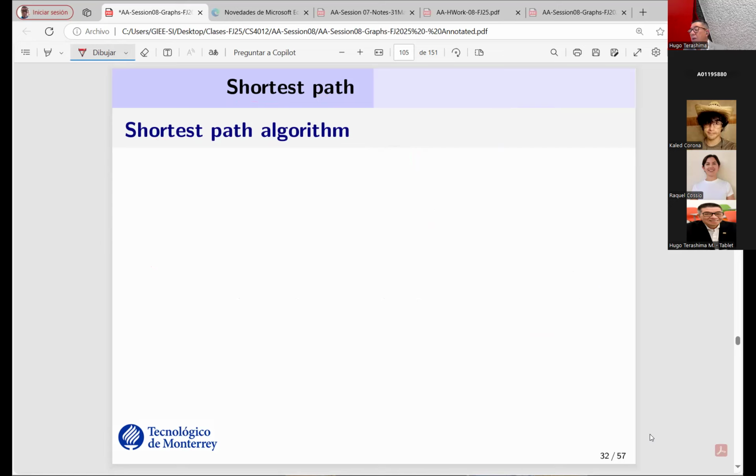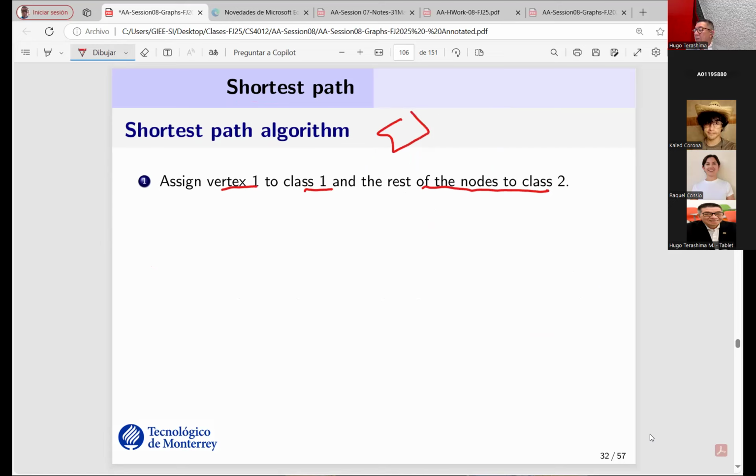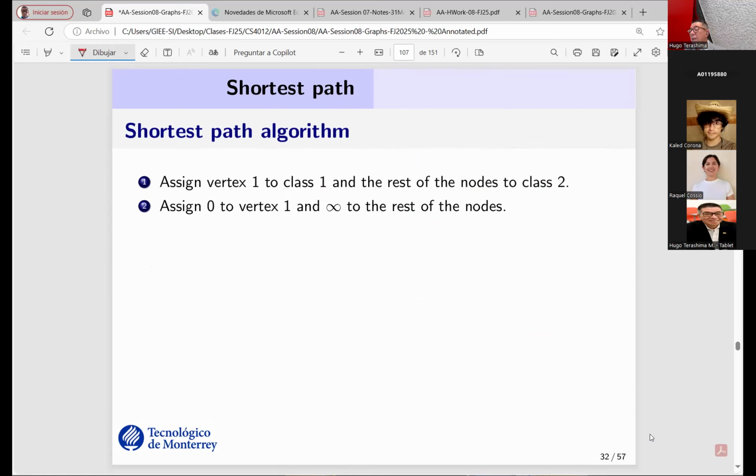So we are going to work as follows. Assign vertex 1 to class 1 and the rest of the nodes to class 2. So again, this is class 1 and this is class 2. And in here I have vertex 1 and all the others in class 2, right?